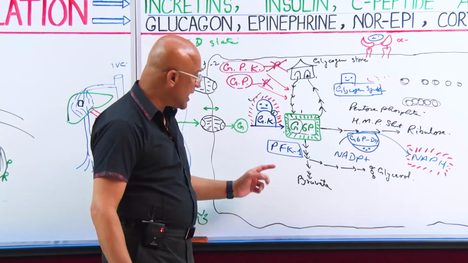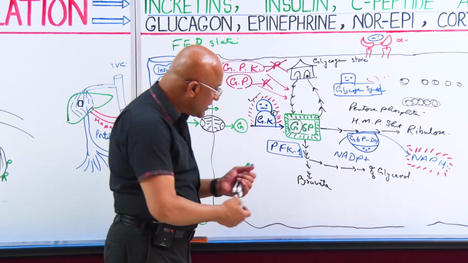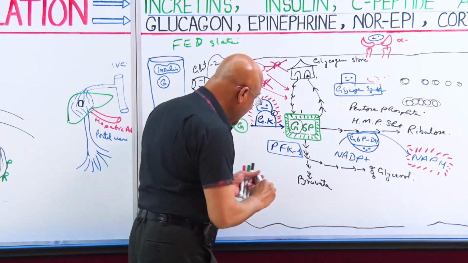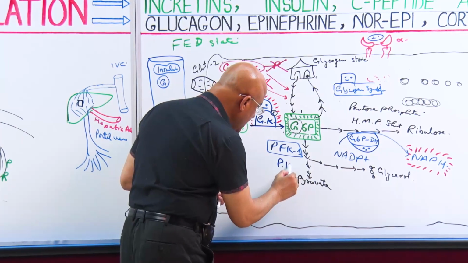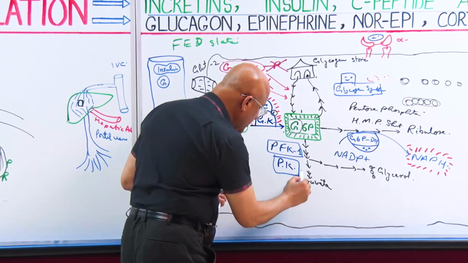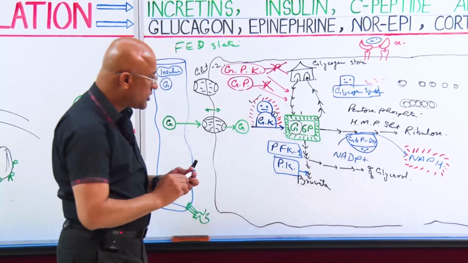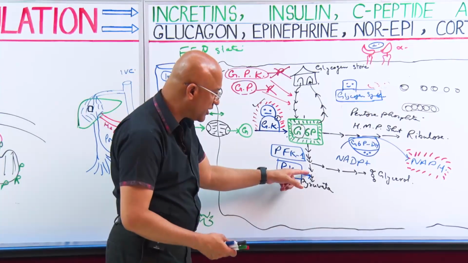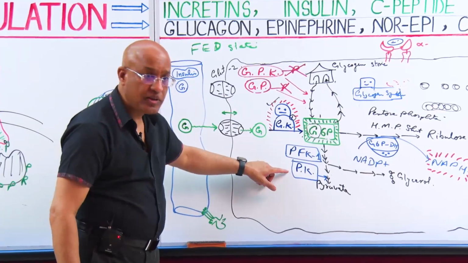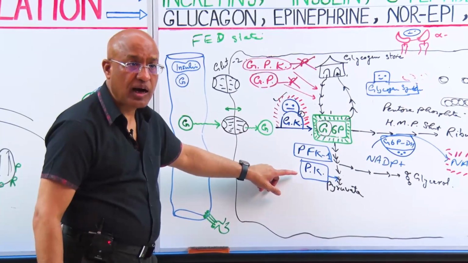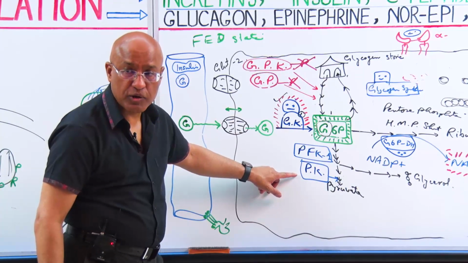Now, after that, another enzyme which is well regulated is pyruvate kinase, which converts phosphoenolpyruvate into pyruvate. This enzyme is also affected by insulin.